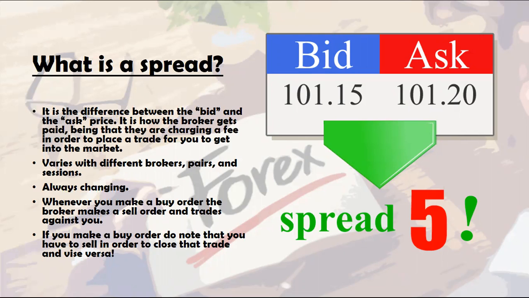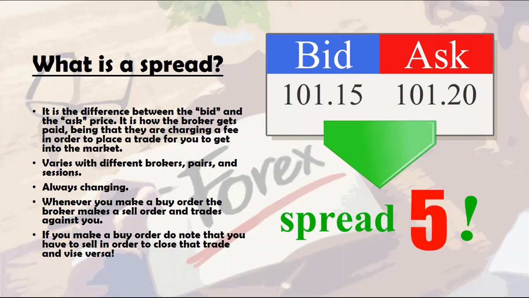It varies with different brokers, pairs, and sessions, so the spread is always changing. It's never really constant. Depending on the session you're in, the broker you have, and that particular pair you're trading, the spread will always be changing, so you always have to look out for that.